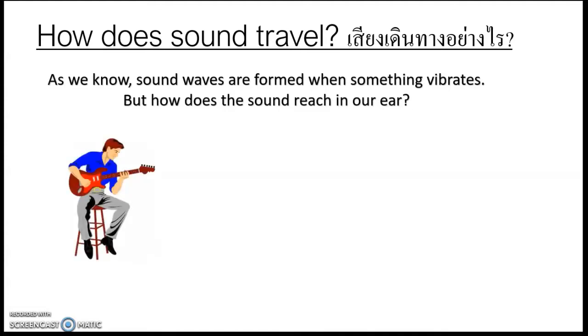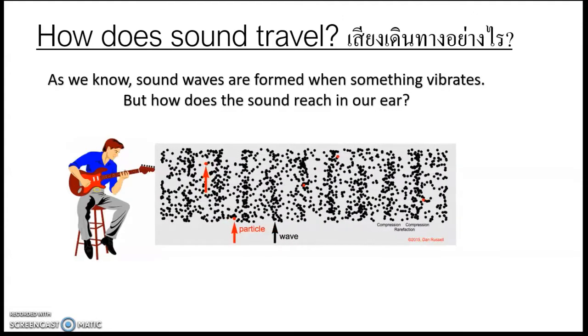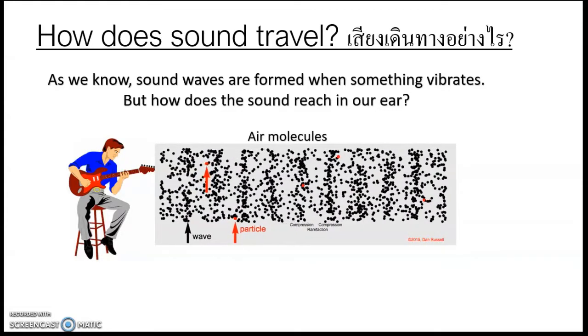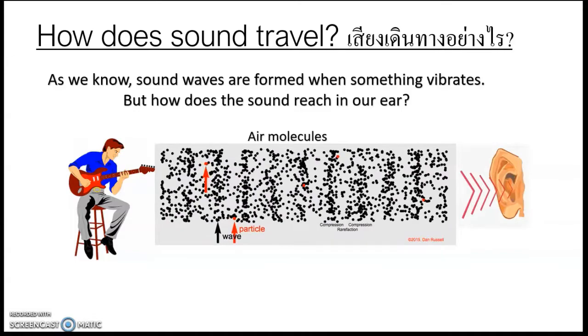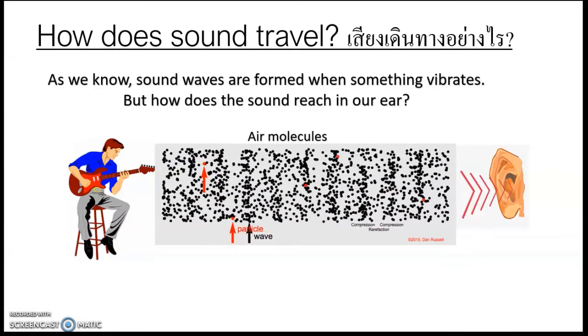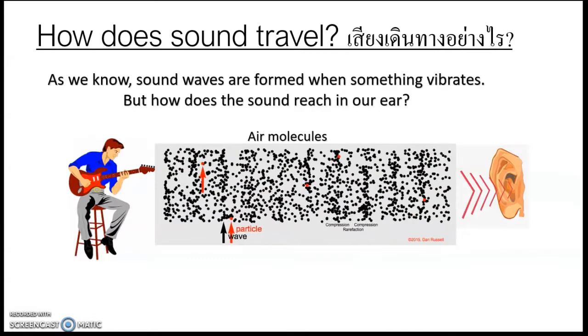Look at this. These are air molecules. Okay, look at the particles in the wave. The red ones are the particles. And then the wave is the black particles that are traveling.